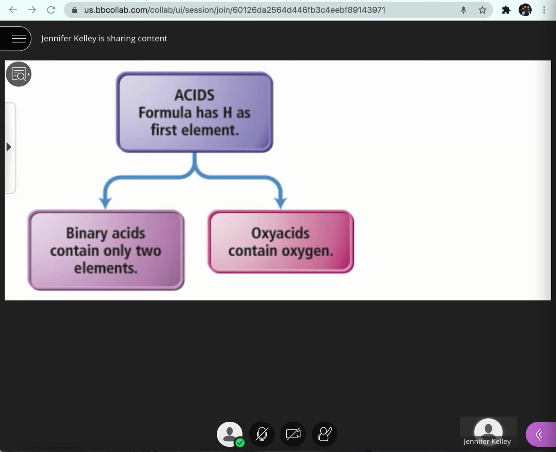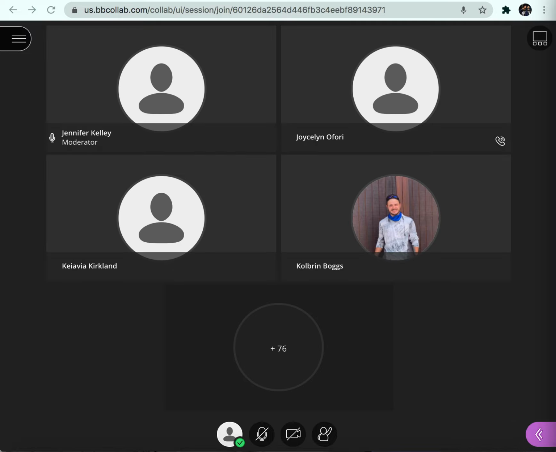So Tiana, you were asking, so those are the ones we memorized. Do you mean the acids I was showing just a second ago, or are you talking about the polyatomic names and formulas? Let me show you where you can find it in your textbook and what it looks like so you can see what to look for.